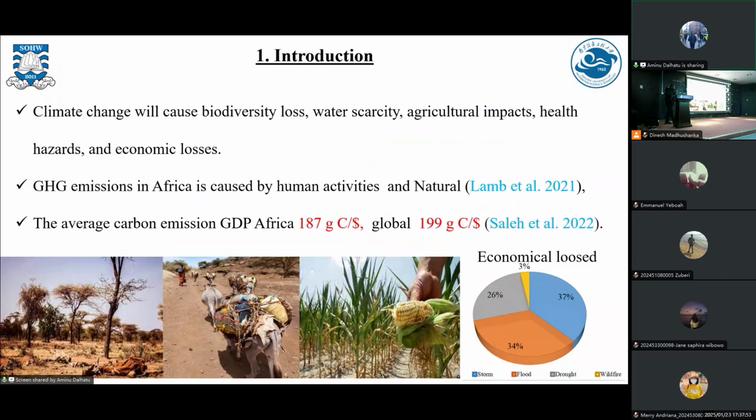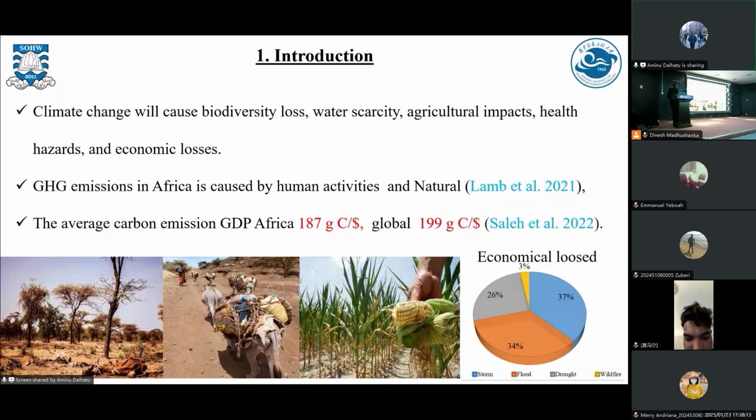Human activities such as construction and deforestation, and natural events such as volcanoes and landslides, are the main factors of environmental degradation. And on average, the GDP loss in Africa from climate change and in the world is nearby. So that is my interest to study this area.